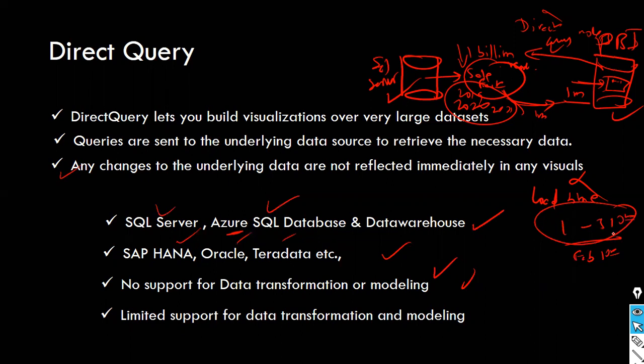But when you generate a report on Feb 1st, if somebody is modifying the previous day's data, the 31st, it will not be reflected here, because you already fired a query and the query sent an output. By the time it is sending an output, if some other user makes changes to the previous data, that will not be reflected immediately in your visuals.